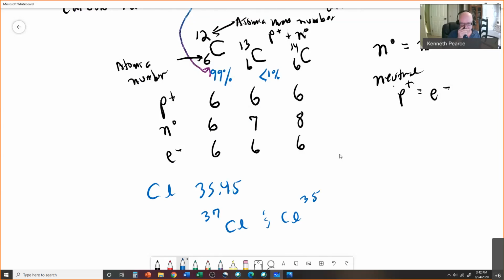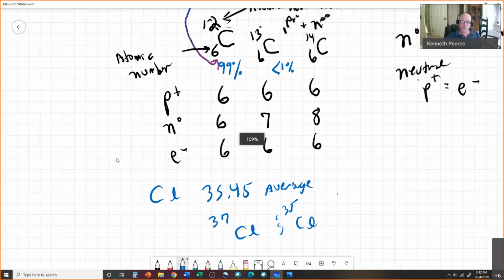I don't remember the exact numbers, but something like about 2/3 is chlorine 35 and about 1/3 is chlorine 37, and this represents the average. This is what we would have on the periodic table, 35.45. So you have an isotopic average.